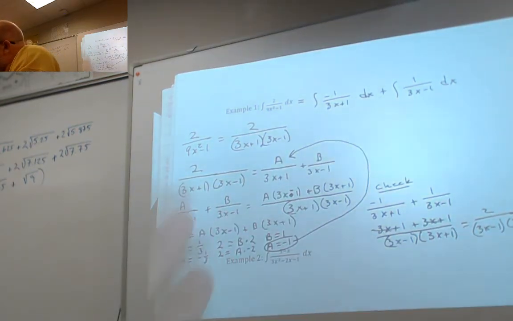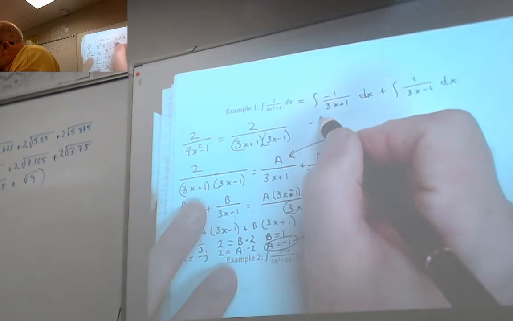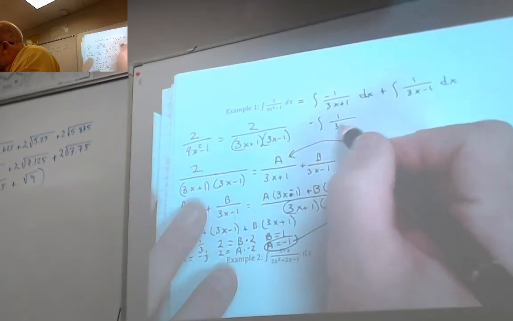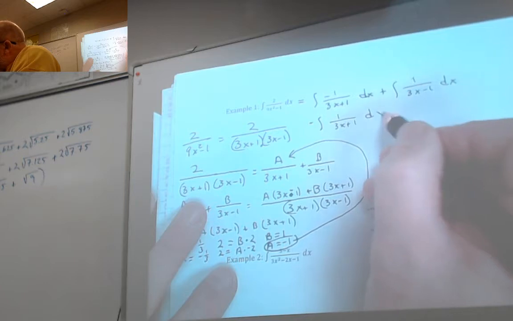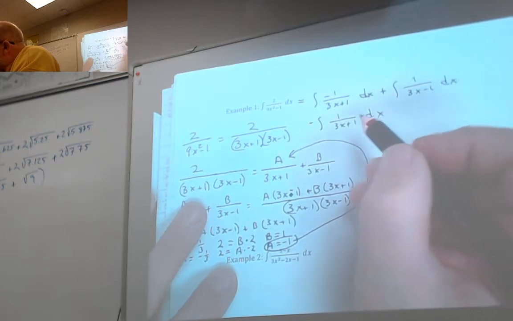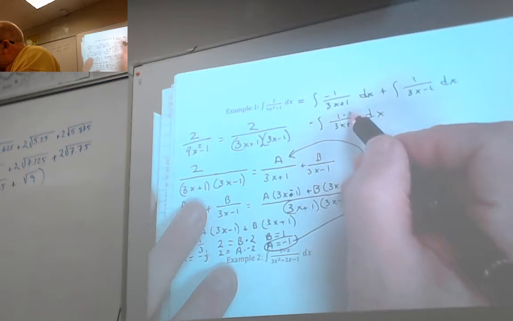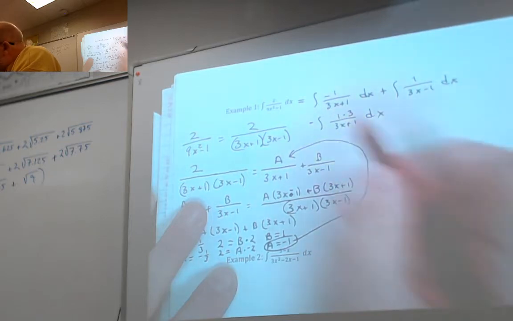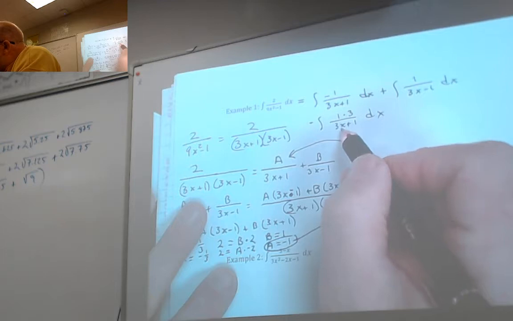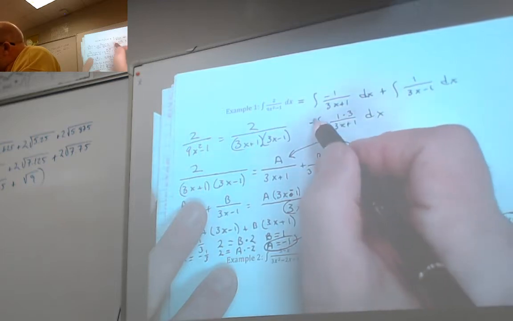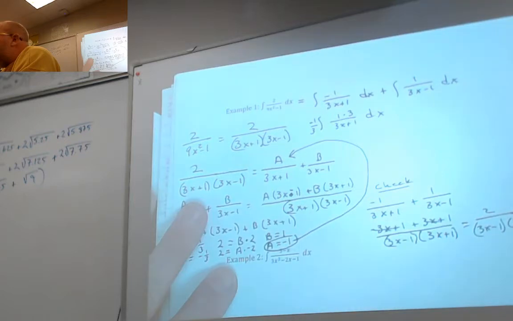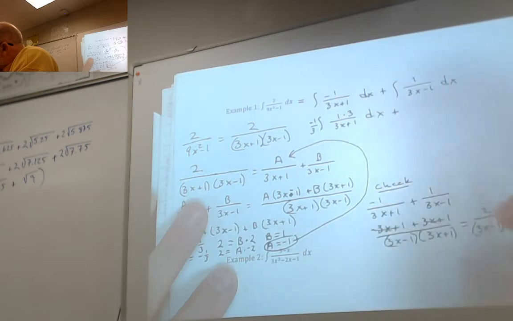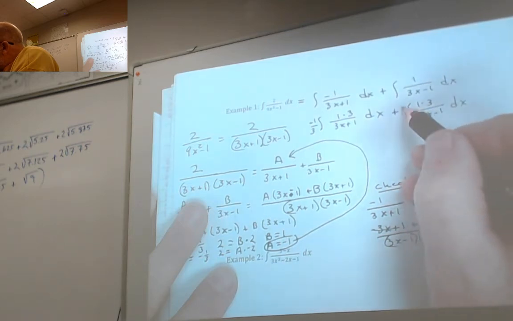All right. So now I'm going to bring out my negative here. And I got 1 over 3x plus 1 dx. If I want to figure out the antiderivative of this, does everyone see why I need to multiply the top by 3? Because I need to have the derivative of this denominator in the numerator. So right here I have to have 1/3. So now I have a negative 1/3. Plus, I'm going to multiply this one, the top, by 3. That means this has to have 1/3.